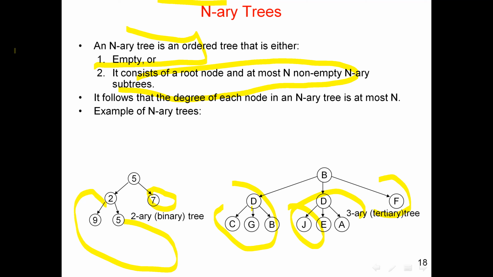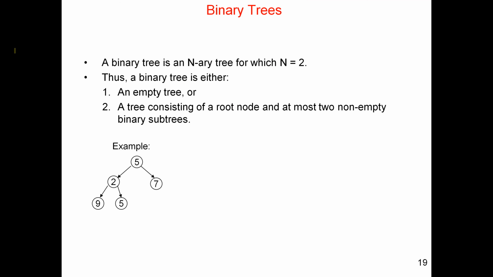So n-ary tree means trees having n number of subtrees. Alright, so binary tree, as you know, is an n-ary tree for which n is 2. That means it is either an empty tree or it consists of 2 subtrees. One is the left, another is the right subtree.